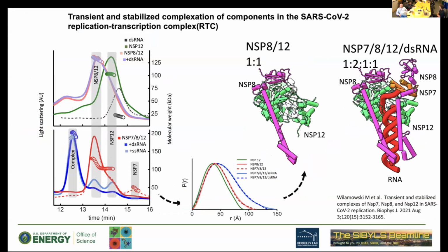This is again showing the size exclusion coupled SAXS and MALS, where we tackled a really complicated system, the replication transcription complex of SARS-CoV-2.